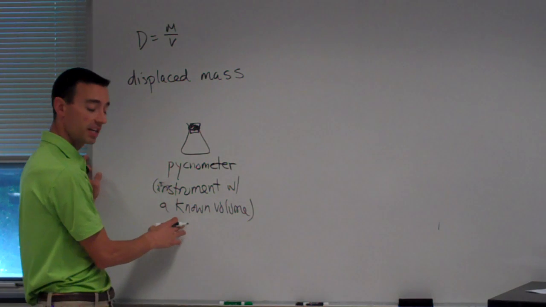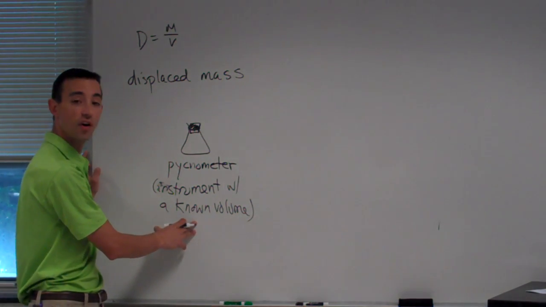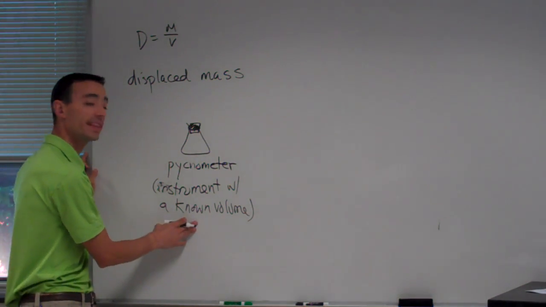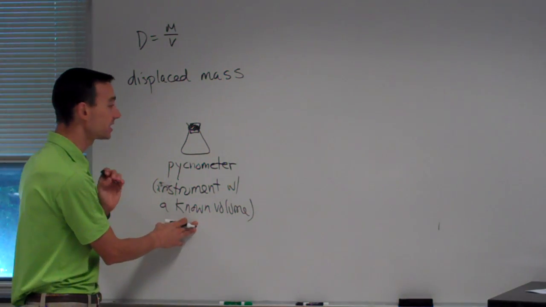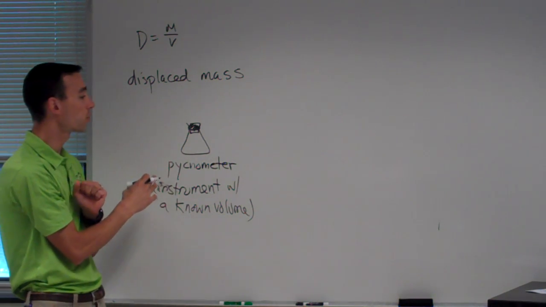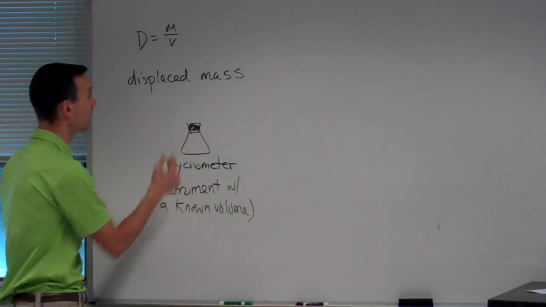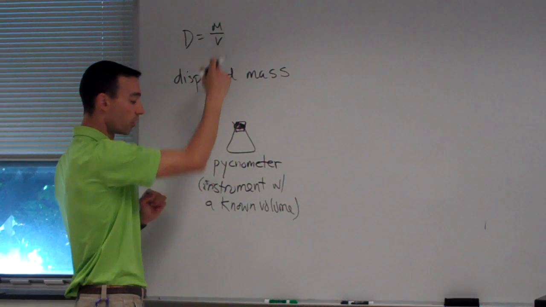And here the key is precision, how precisely we know that volume. We will get this volume from the density of water. We will fill the pycnometer completely with water, weigh it to determine the mass of the water, and then use the density of water to calculate the volume.